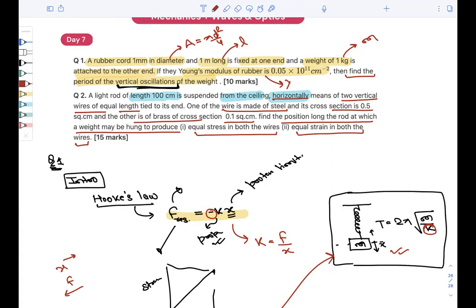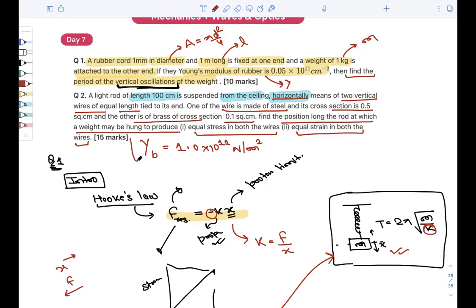Give me 1 second. Some information is missing here. Young's modulus of brass is given as 1.0 into 10 to the power 11 Newton per meter square.